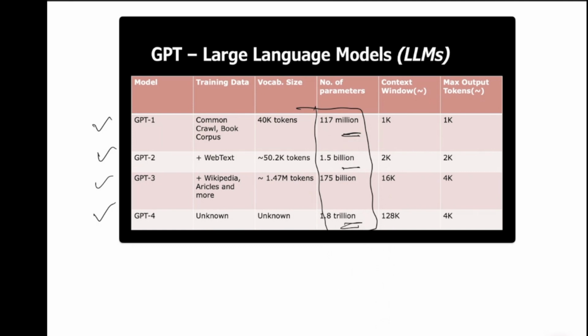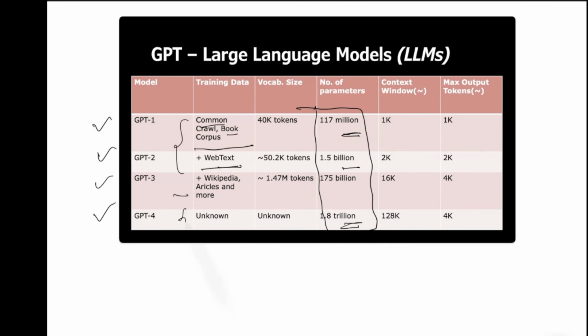The reason for them is they are being trained with a lot more data. All you see in this training data column is everything on the top plus the bottom one. For example, GPT-2 is trained with Common Crawl, Book Corpus plus Web Text, and GPT-3 is all the above plus this. So the entire training data used to train these models has been growing.